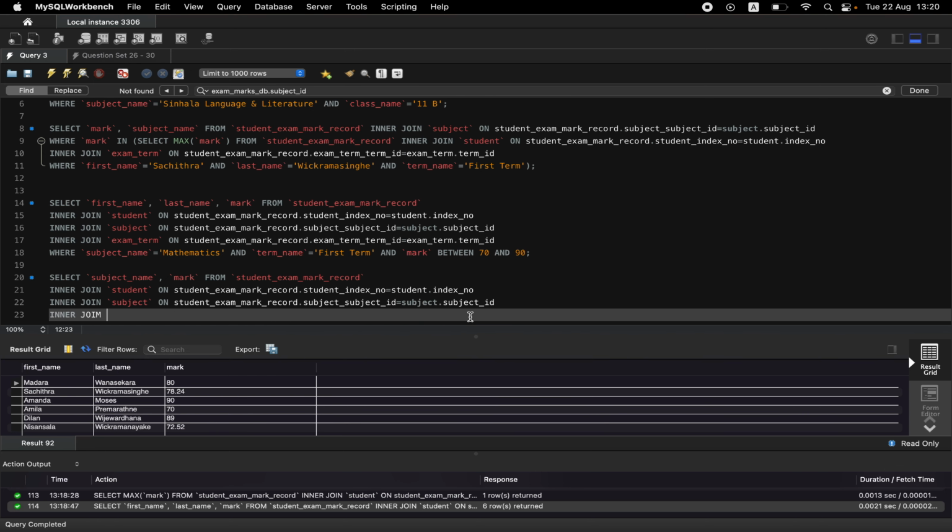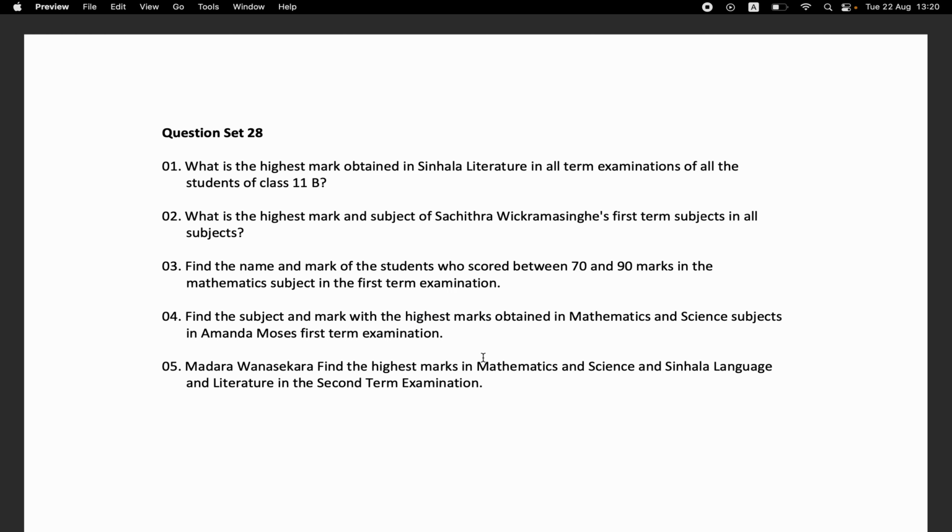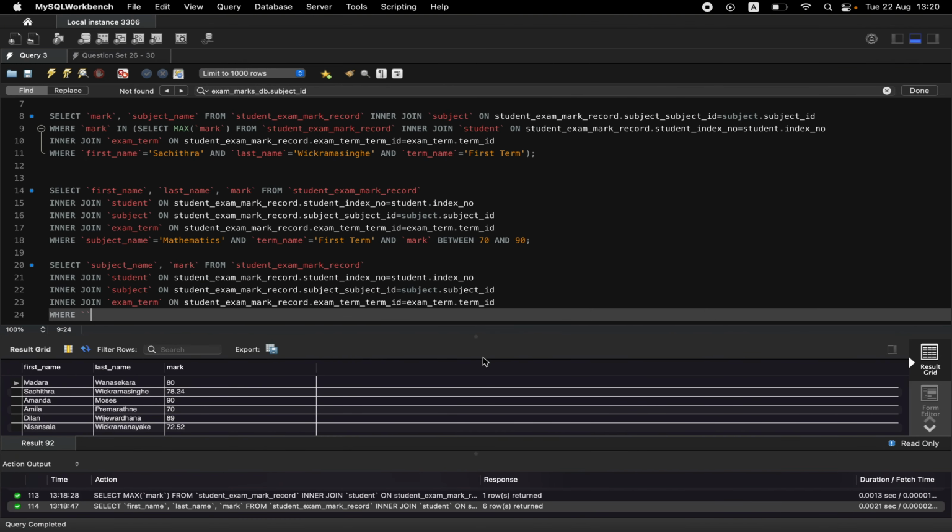exam term table on student exam mark record dot exam term id is equals to exam term dot term id, where subject name in, I'm going to use in because both subjects are in the same column.